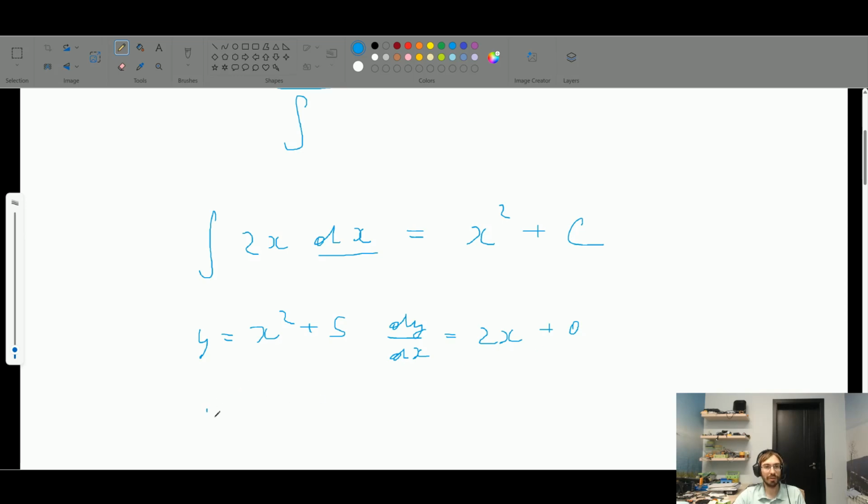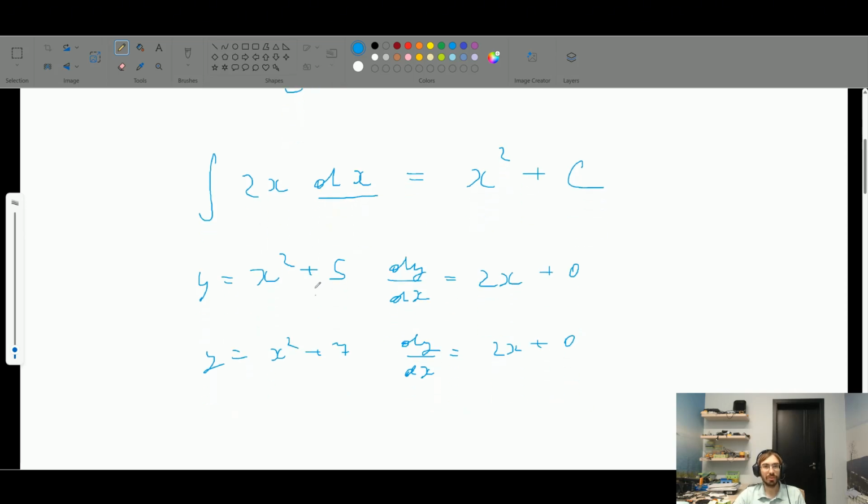But what if your function is x squared plus 7? So where does this 7 go? And again dy over dx will be 2x plus 0. So irrespective of what constant is at the end, that constant disappears and becomes 0 in the derivative.